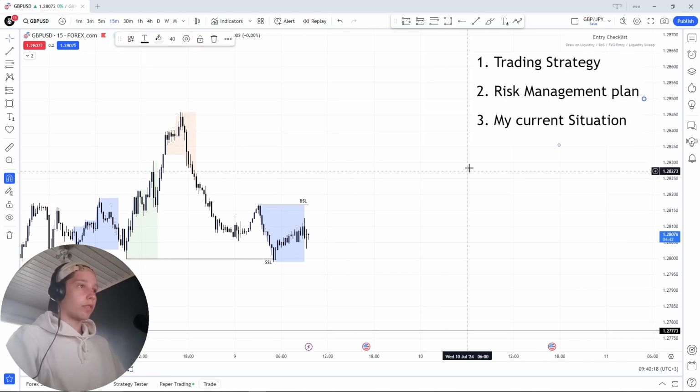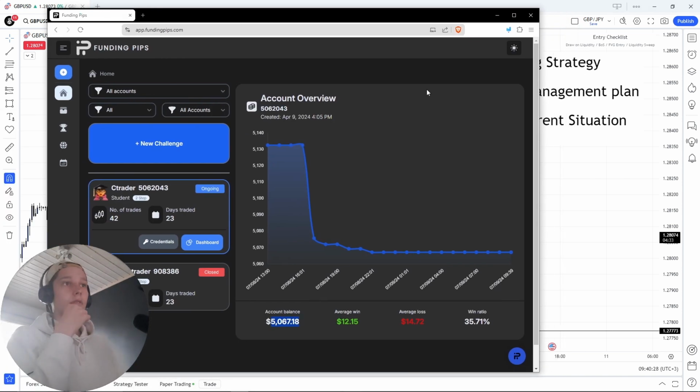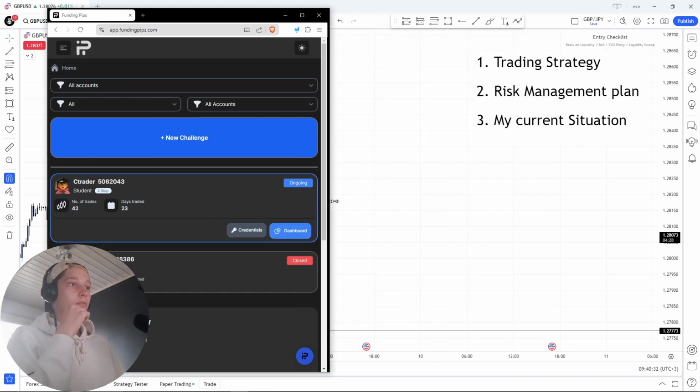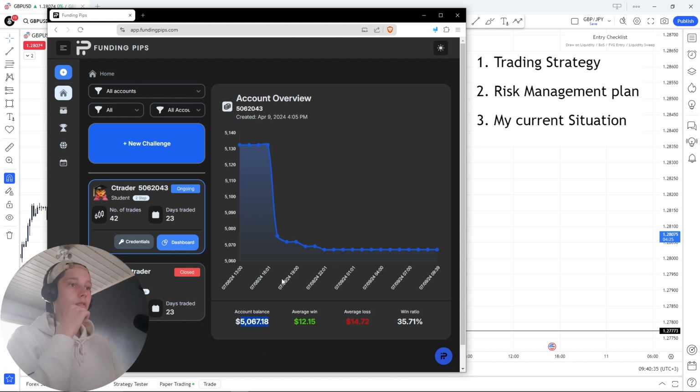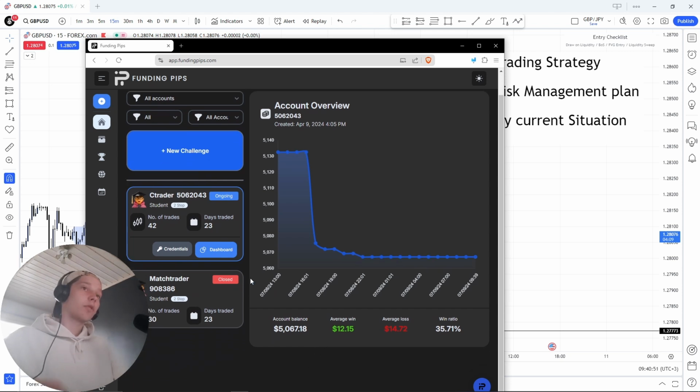Let's go through my risk management plan then. Let's go back to the funded accounts here. So what's my risk management plan? This is a 5k account. I'm thinking of how much I'm risking, because as of now I've been having inconsistent risk.